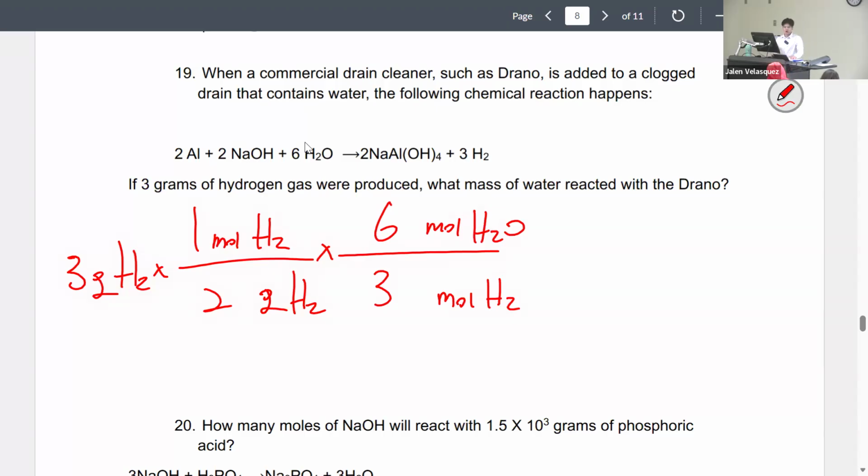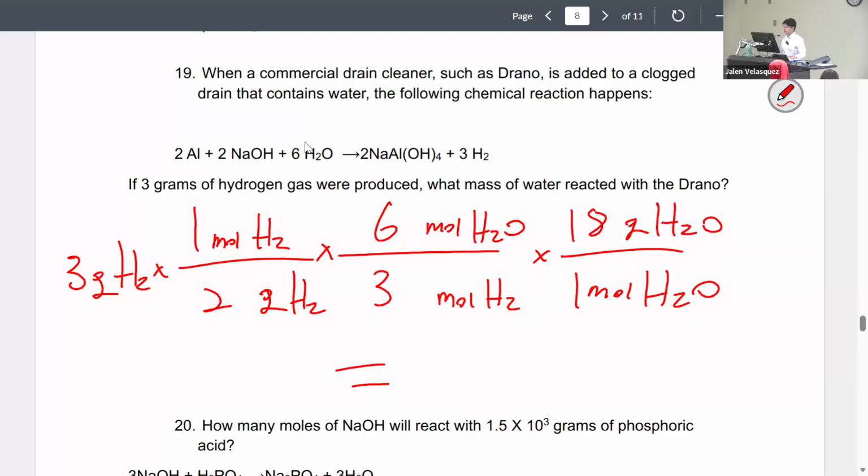Now that I'm in the moles of water, I can go to the mass of water, and you would do that using the molar mass. So what's the answer here? How much water reacted in this problem? Good, 54 grams of water.